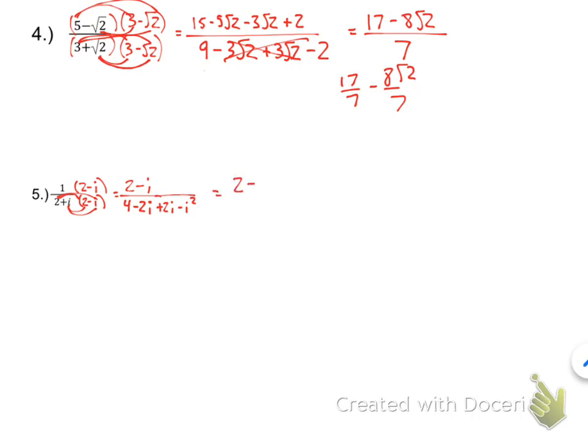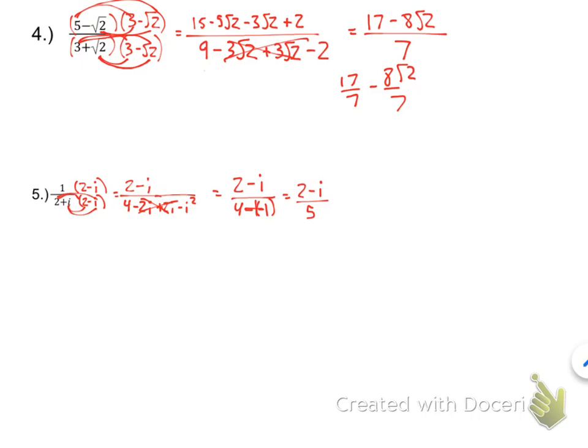So this becomes 2 minus I over. The 2 I's do what? Cancel. 4 minus negative 1, because I squared is negative 1, which actually results in what? 2 negatives make a positive, 5.